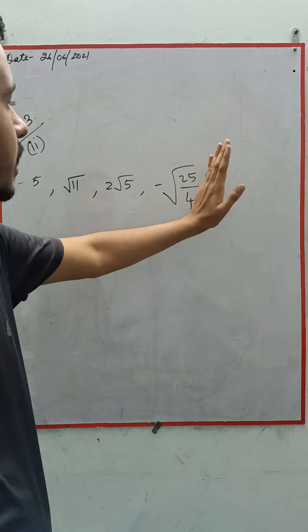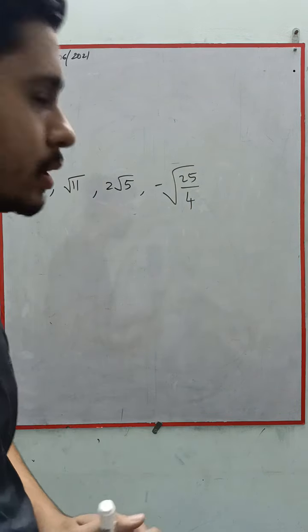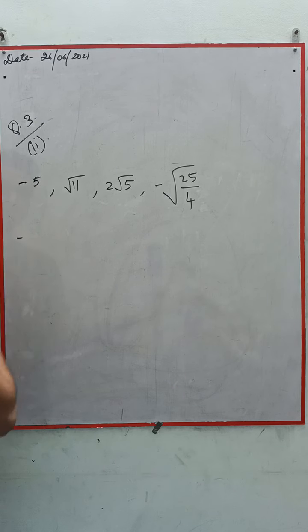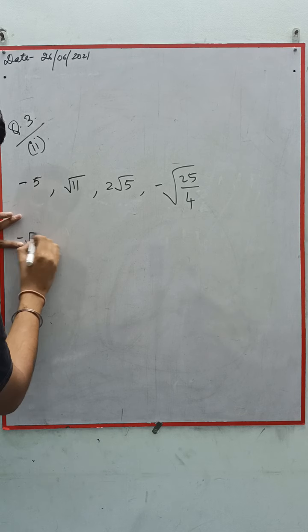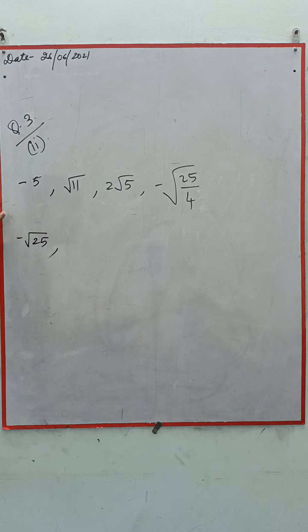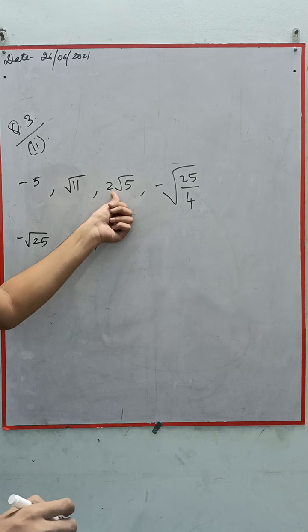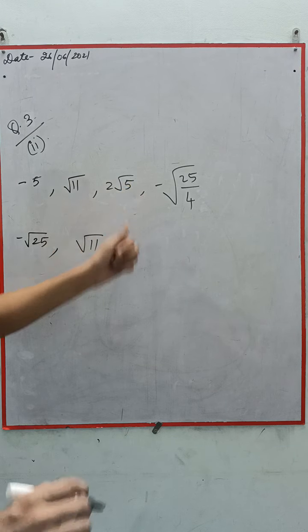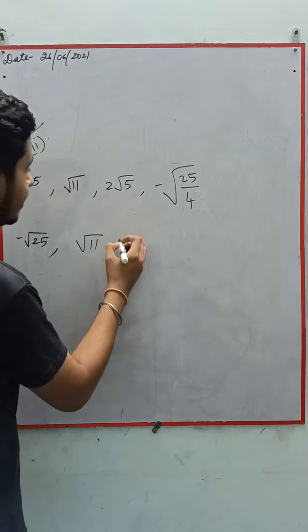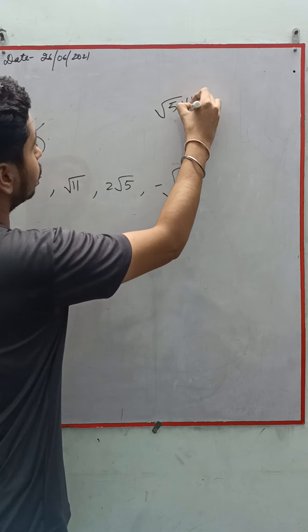Make all these digits in the square root. Okay, so this is minus 5. Minus 5 can be written as under root of 25. Can we? Okay, under root 11, this 2, if you take this 2 inside, it has to be squared, so it will be 5 into 4.